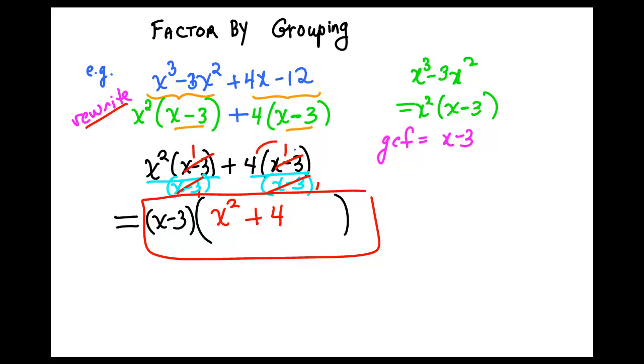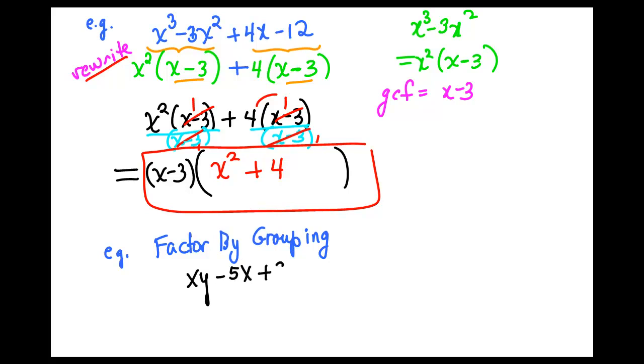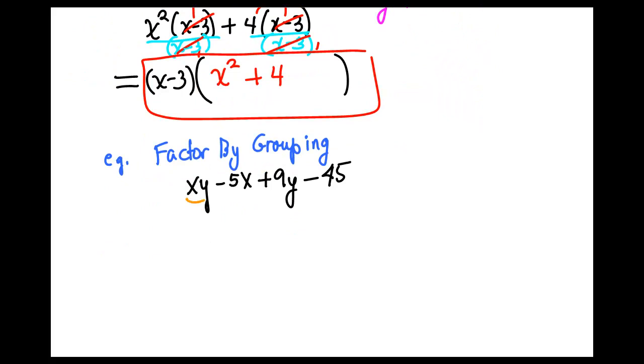We'll factor another one. So now here's another one, factor by grouping. We'll look at xy minus 5x plus 9y minus 45. First step is we're going to group this to do a rewrite in 2 pairs.